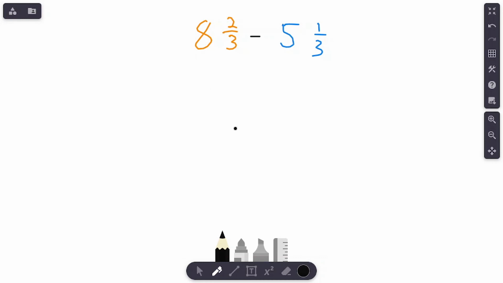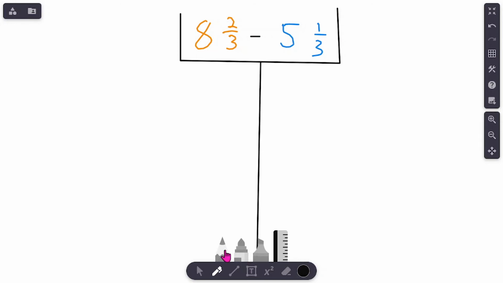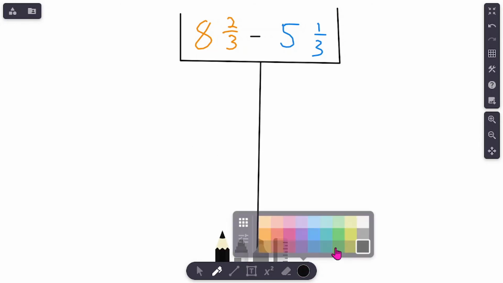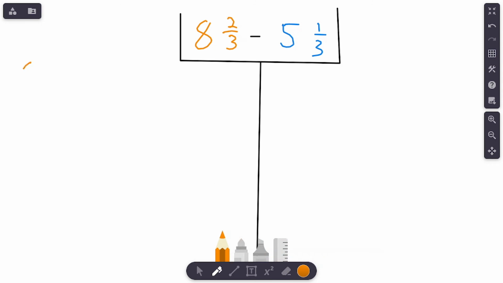We've got 8 2/3 minus 5 1/3. There we go. So here we go. Let's take 8 2/3 and let's subtract 5 1/3. Again, I'm going to break this up and make sure that we can see what we have. So we've got 5 plus 1/3, and we're subtracting 8 plus 2/3.